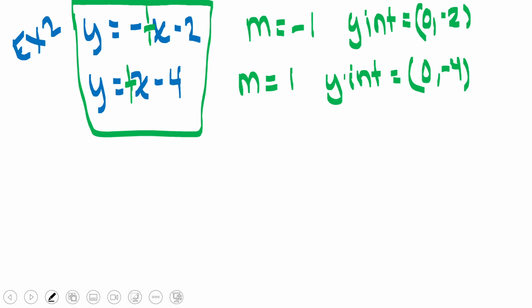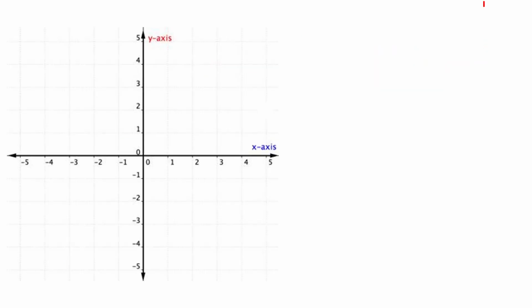So we're going to transfer our information to the graph. Our first one again is a slope of negative 1 with a y-intercept at (0, -2). Okay, I'm going to work it in red. So we have (0, -2). I'm going to plot my point.